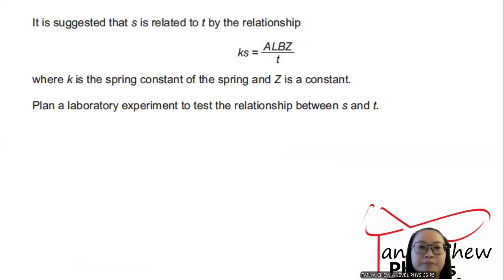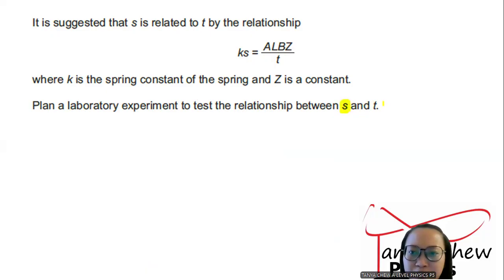Now, the question: it is suggested that S is related to T by the relationship kS = ALBZ/T, where k is the spring constant of the spring and Z is a constant. Plan a laboratory experiment to test the relationship between S and T. Isn't this very clearly stated by the question?